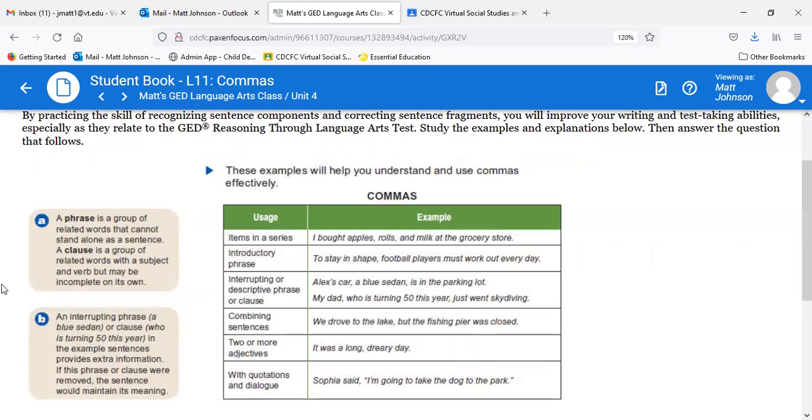So the usage table here. Items in a series, just like I talked about, separating items. I bought apples, rolls, and milk at the grocery store. There's a little debate over whether you need the comma before "and." There are usage rules where it would just be I bought apples, rolls and milk.